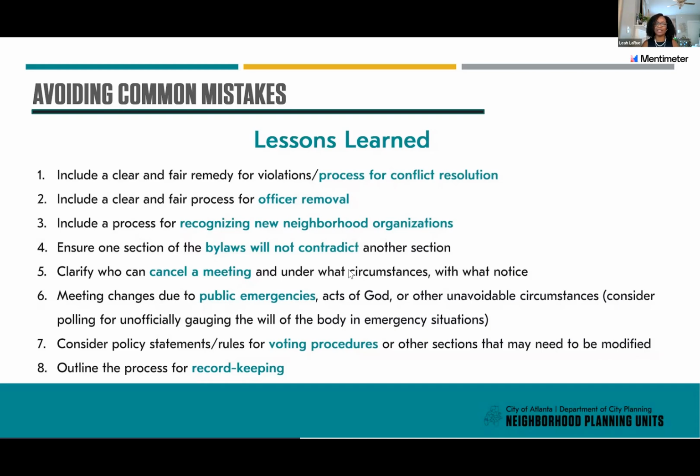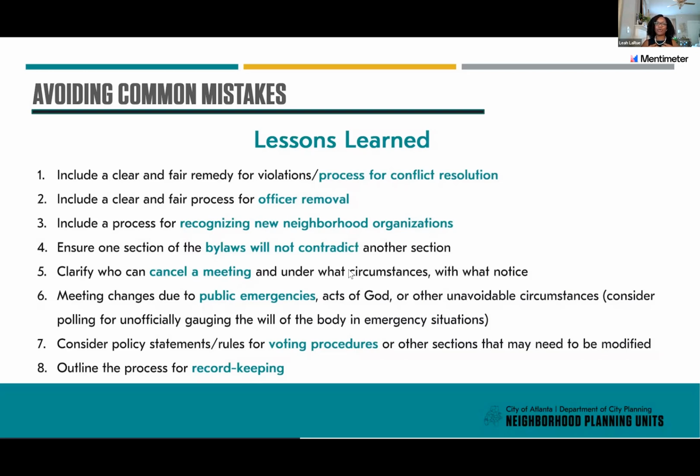You also want to have a process for recognizing new neighborhood organizations. I have been in this role since March of 2019, May of 2019, maybe, or March, whatever, 2019. And every year since then, there has been a question from an NPU or the neighborhood association about how the neighborhood association could be recognized by the NPU. That is not something that the city of Atlanta controls.